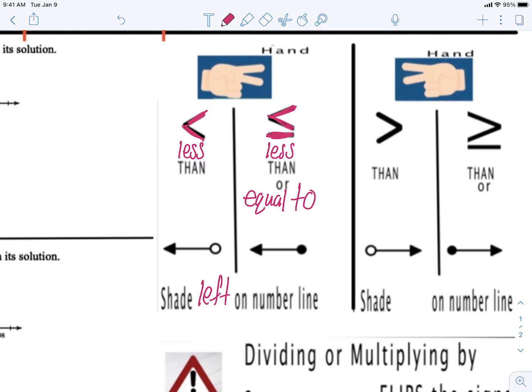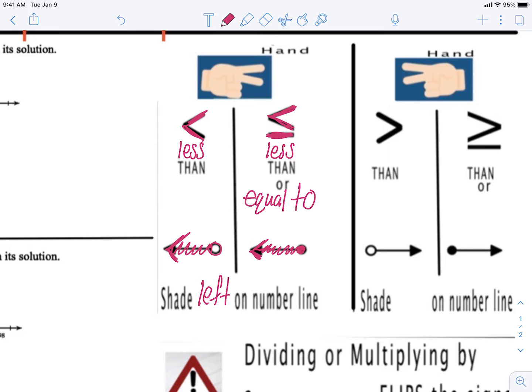This is a closed circle, and we shade to the left. This one is an open circle, and we shade to the left as well. Left hand means less. Left hand means we shade left.